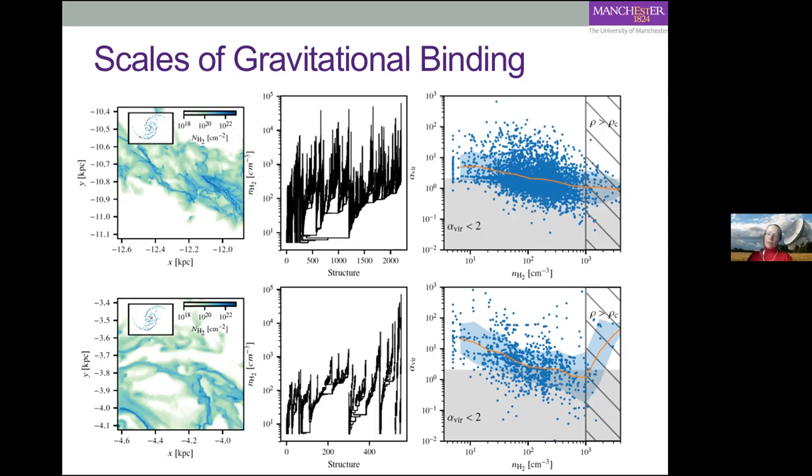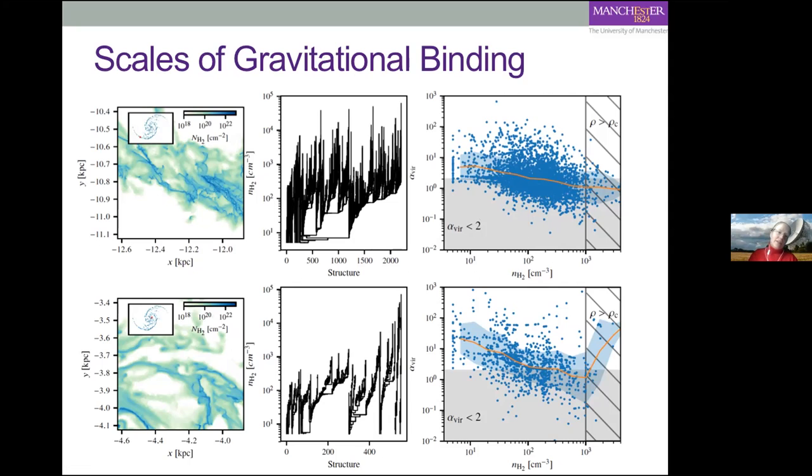And so what Robin did was he looked at different levels in the hierarchy of structure, from the smaller scales, to find where things become bound. And that's what these plots here are. You can see there's lots of different variations. So anything that's in this grey region is gravitationally bound, it's above it. And as you get to higher densities and smaller scales, you start from being completely gravitationally unbound, just an association, down to the smallest scales, where you actually do become bound and collapsing.